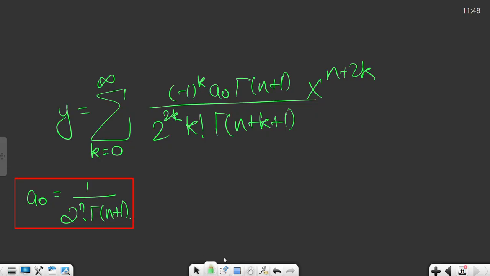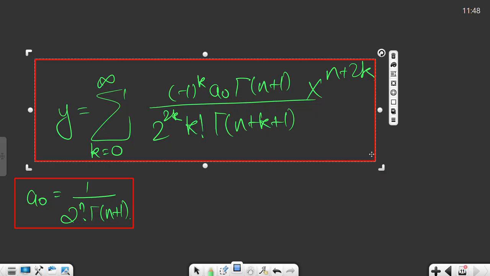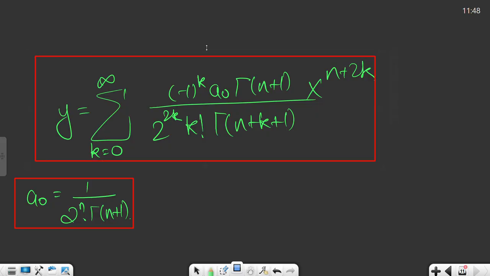Since we can plug this here, we can do that. This is the final result actually, but for the definition of the Bessel function, we have to do this. So when you plug this here, you see that this gamma of n plus 1 cancels out, and when you combine these two, they become the denominator.